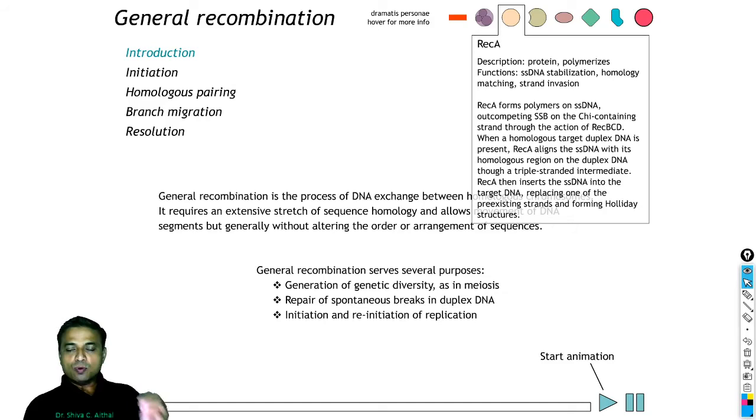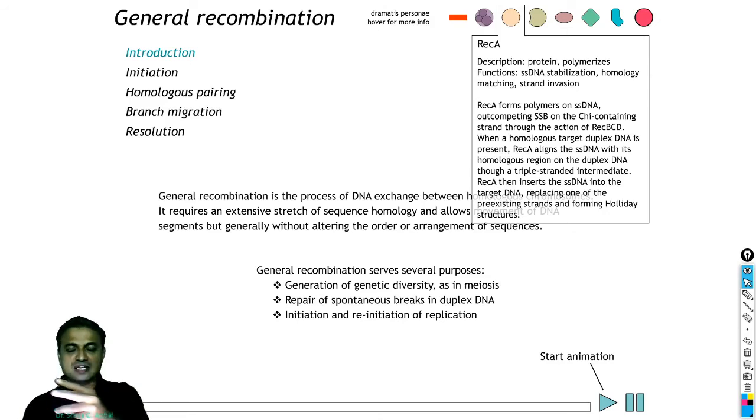Okay, and of course the RecBCD protein helps through this process. Now when the homologous target duplex DNA is encountered, the RecA protein aligns the single stranded DNA with its homologous region on the duplex DNA, that is, you have 3 strands. I will show this in the animation, and you can see that when I finish explaining all these enzymes.